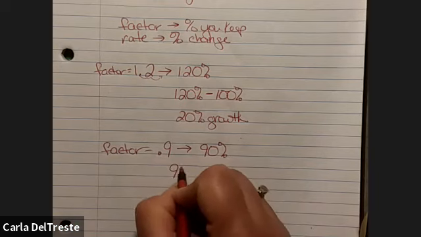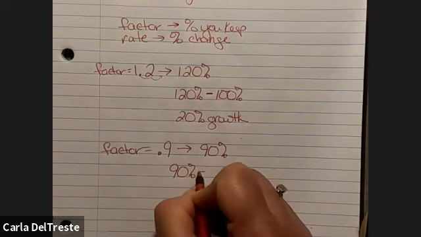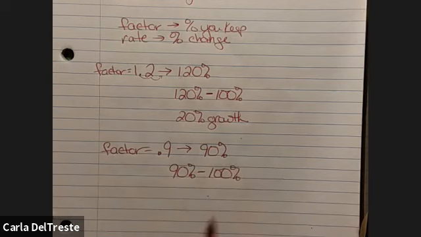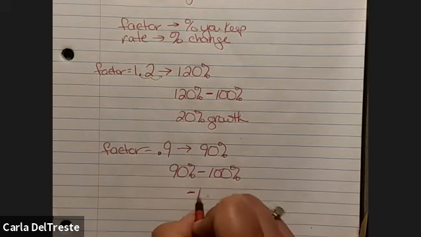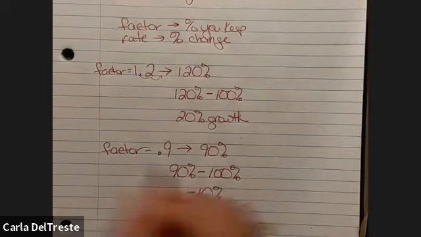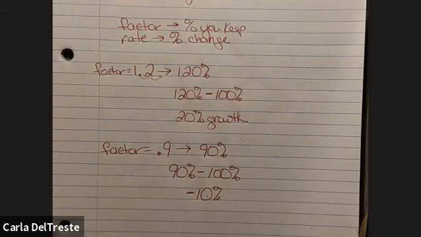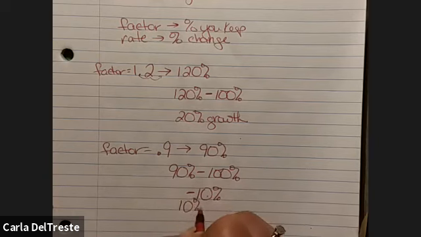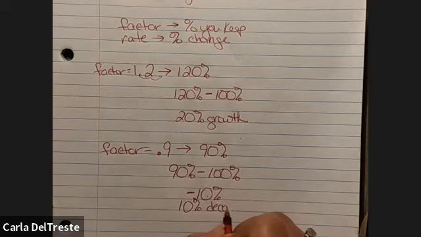So if I take 90% and I take away the original 100%, I wind up with a negative value. I wind up with a loss. This tells me that I have 10% decay, okay, or it's decreasing 10% every time.